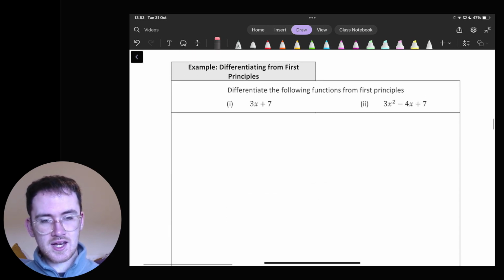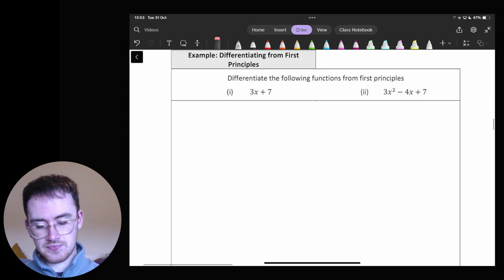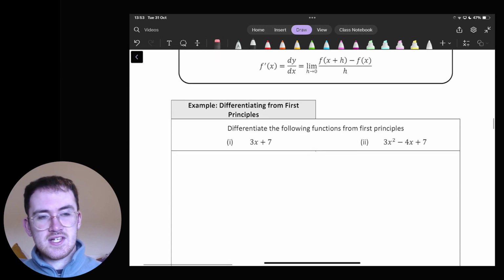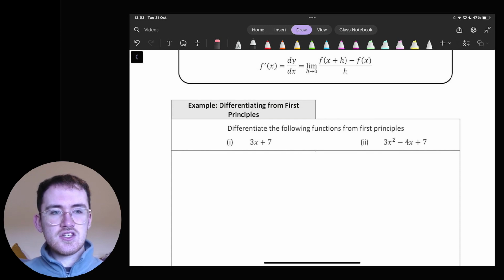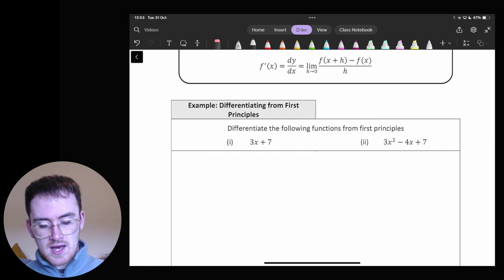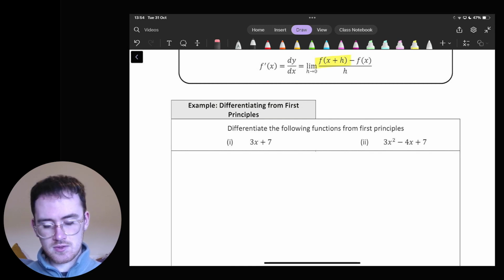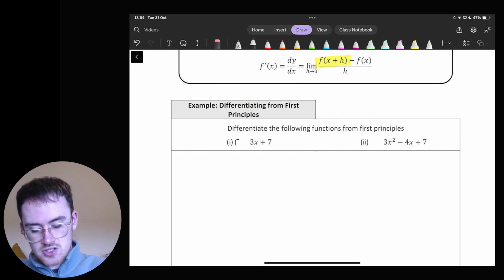So let's have a look at how this works with some examples here. So we have our formula or a rule. We'll just leave it up the top there for as long as we can. To use this rule, I need to have f of x plus h. Everything else is given to me in the question. So this is my function f of x.